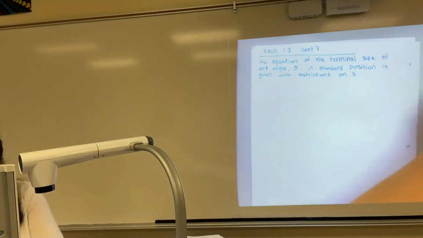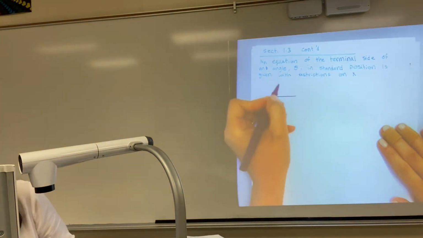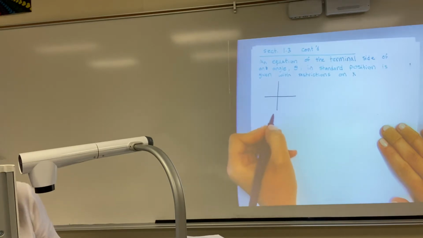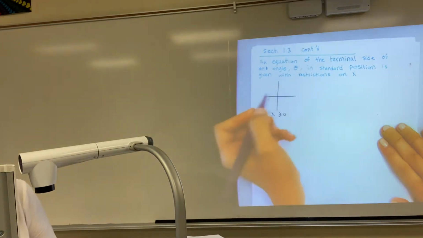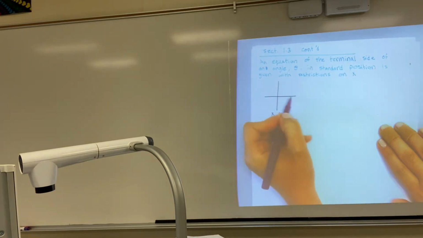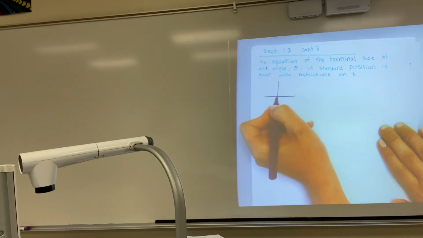So let's say here I have my angle theta, but I was told that the x value has to be greater than or equal to 0. So first I'm going to get theta to be here. Here is where x is greater than or equal to 0. That's the positive direction. So here is theta.